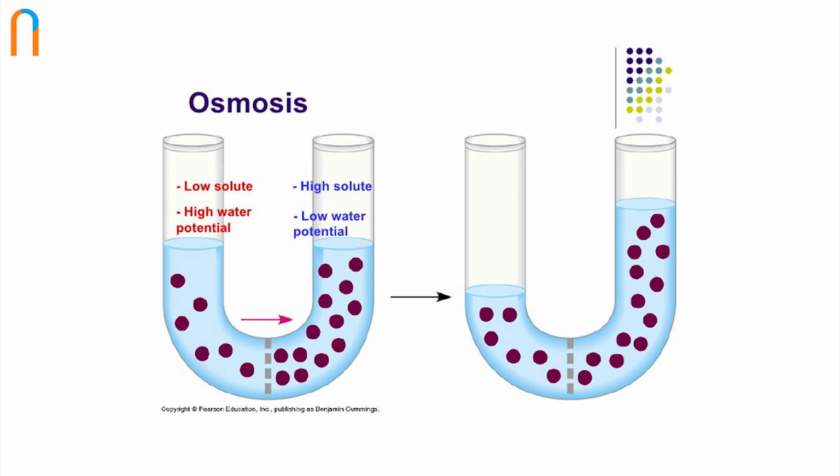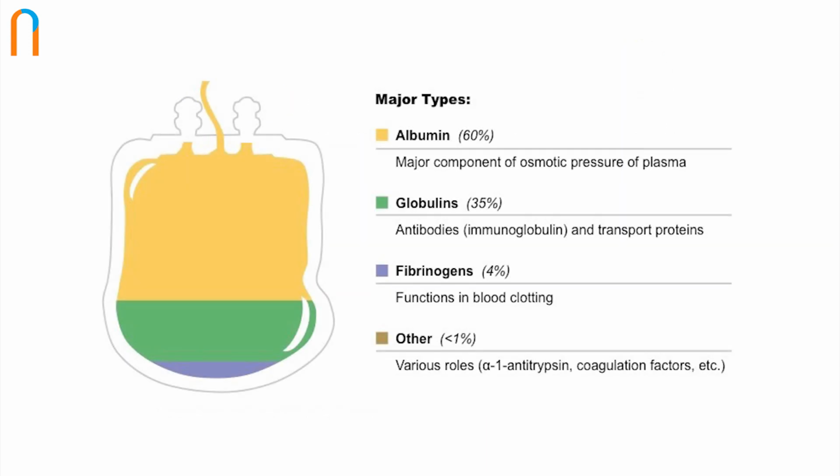Because plasma and interstitial fluid are essentially identical except for their protein concentrations, plasma proteins are primarily responsible for the net osmotic pressure difference across capillary walls. The component of total osmotic pressure due to protein has been given the special name oncotic pressure, or colloid osmotic pressure.